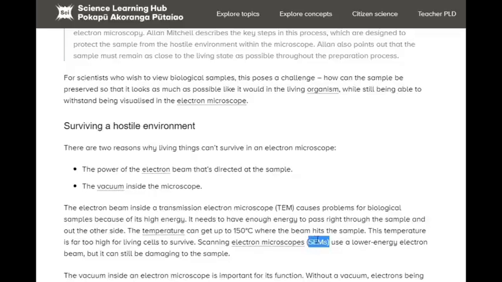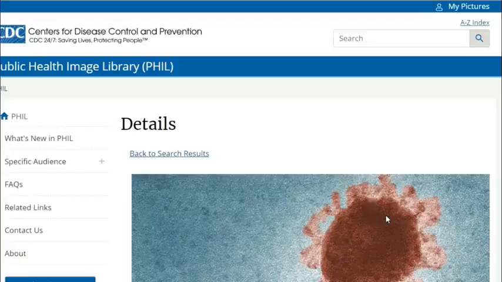Then you can see only shapes. Only the sample preparation will destroy your sample, and then destroy it some more in your electron microscope, and then show us this.